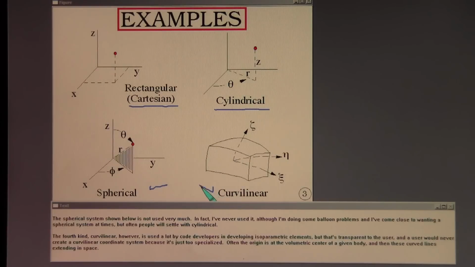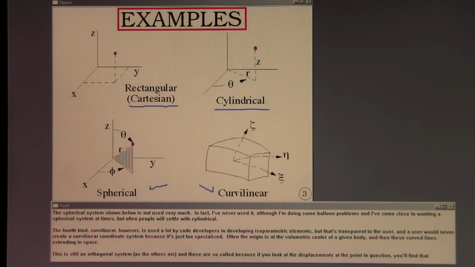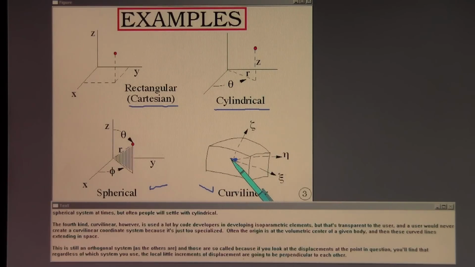The fourth kind, curvilinear, however, is used a lot by code developers in developing isoparametric elements, but that's transparent to the user, and a user would never create a curvilinear coordinate system because it's just too specialized. Often the origin is at the volumetric center of a given body, and then these curved lines extending in space.